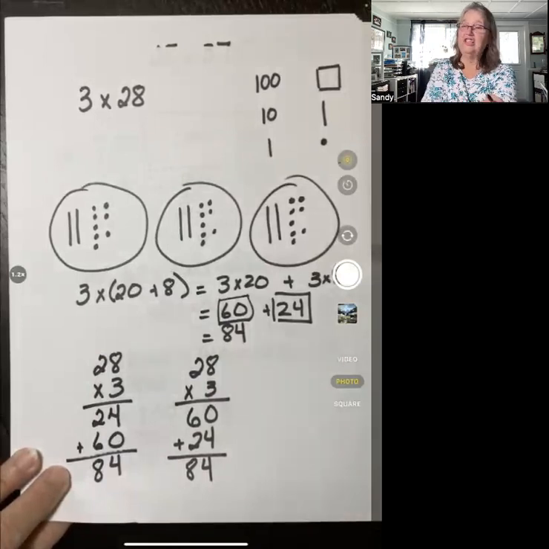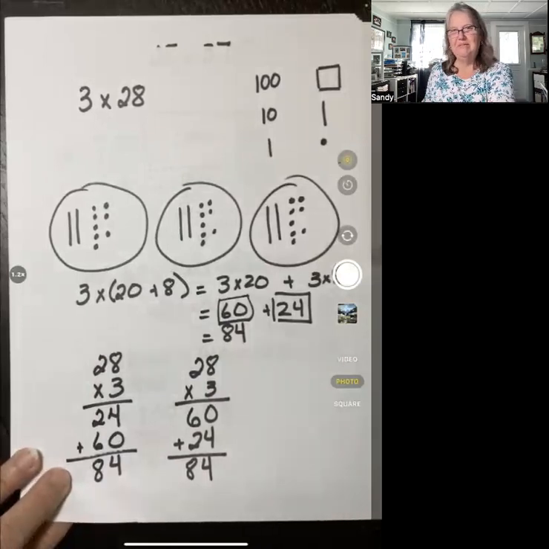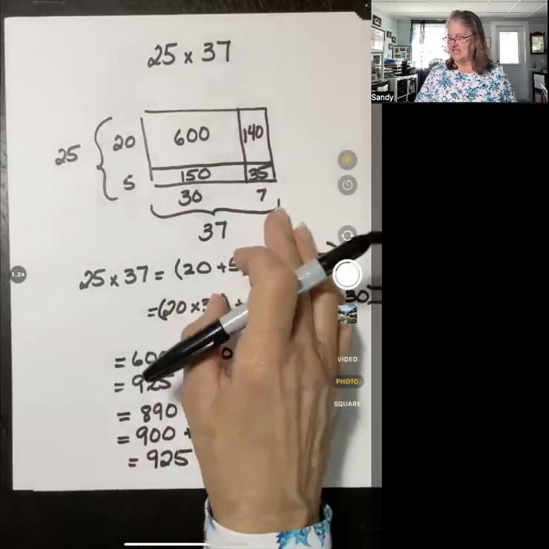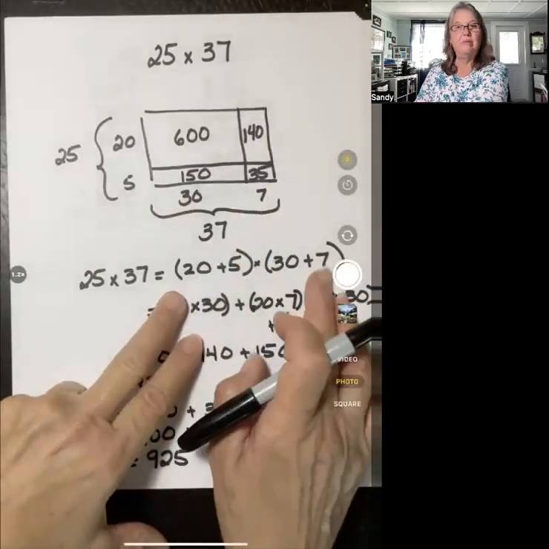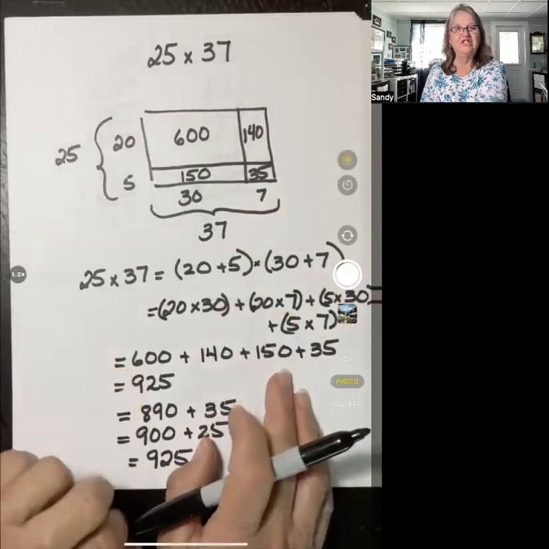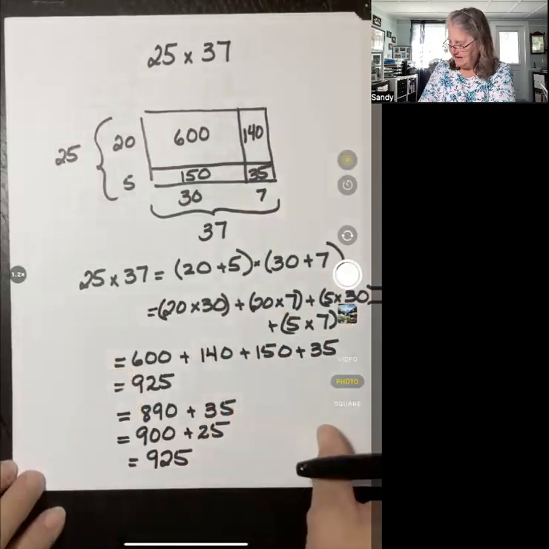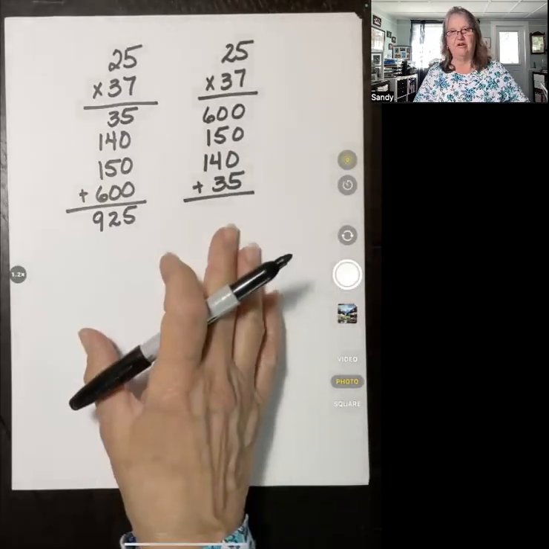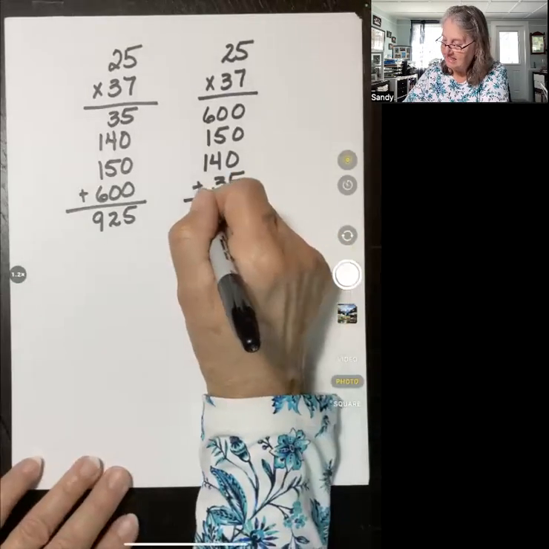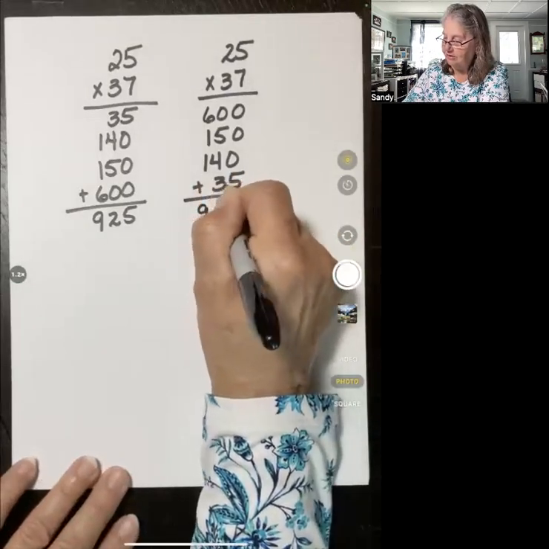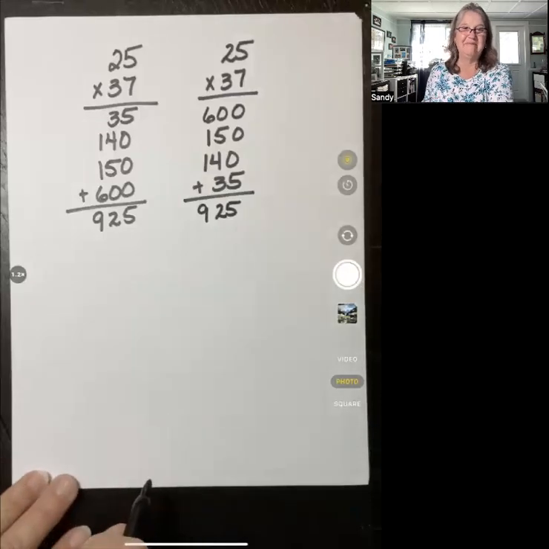See, so it's good that they know that algorithm, but we need them to have that imagery. This is technically binomial multiplication using the distributive property. And then we can link that to the partial products. And the idea is, no matter the order, my product better stay the same.